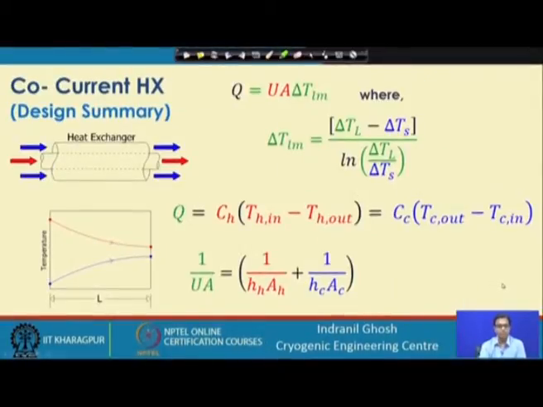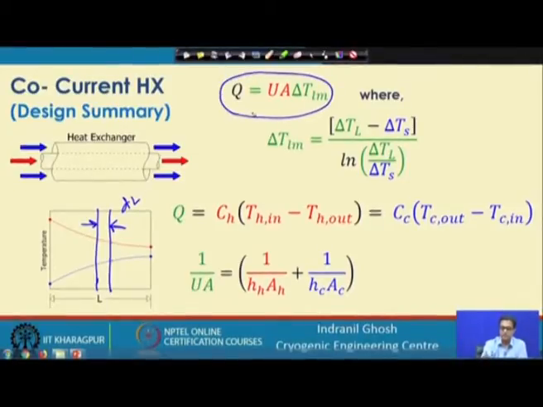Now, if we go for a parallel flow heat exchanger or co-current heat exchanger, in the same way, if we take an elemental length over this heat exchanger length, a small delta L, and write the energy balance, we will find that the overall heat transfer is given by U A into delta T m.